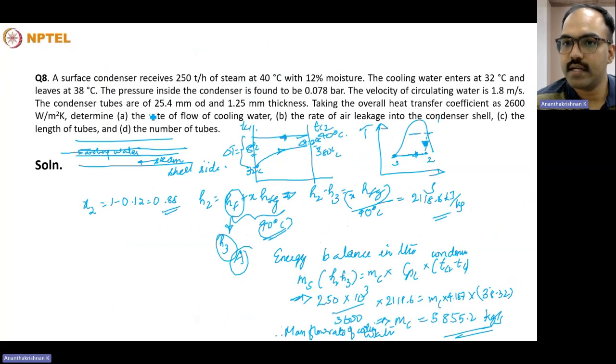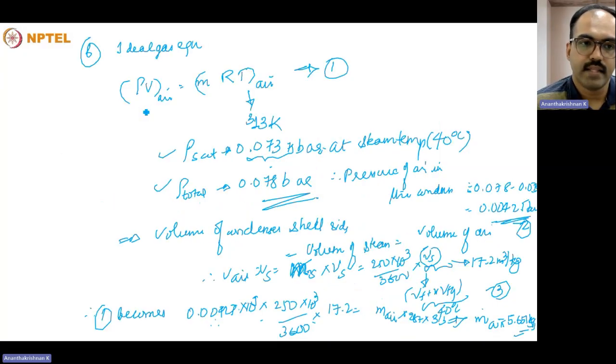So in this one, the condenser tube dimensions are given. So we know the area of a single tube, but we will not be knowing the length of the tube. So we have to determine the actual outer surface area, and from that we can get the length.